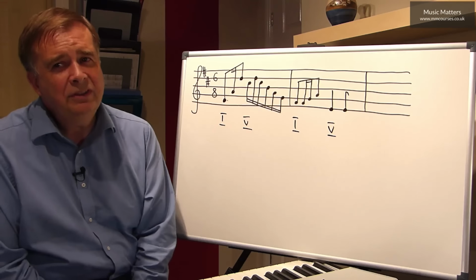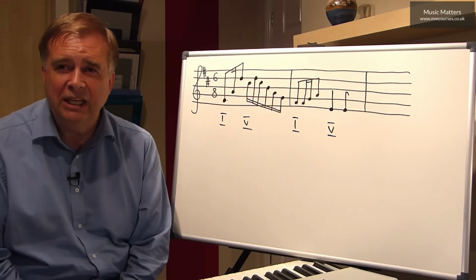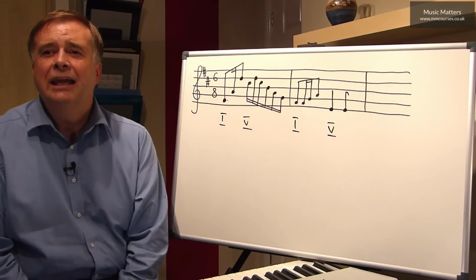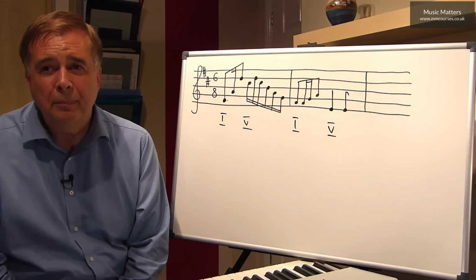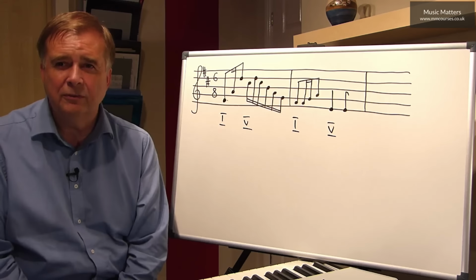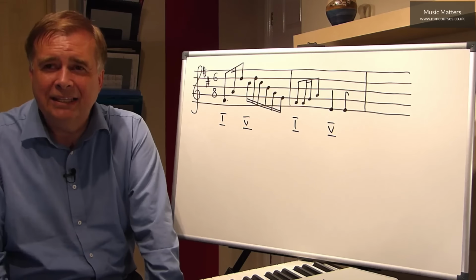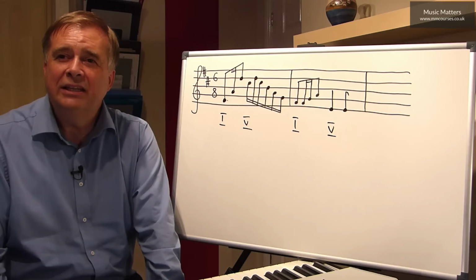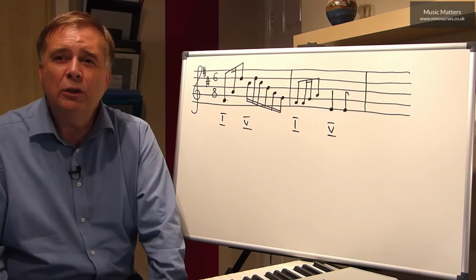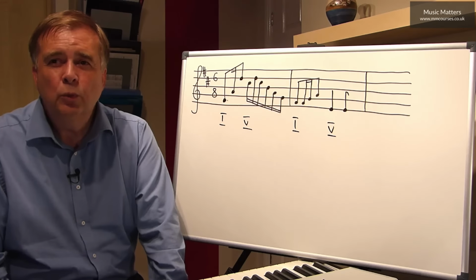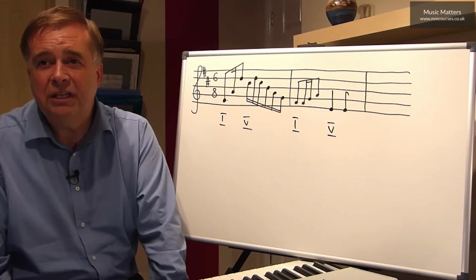You also, of course, have to think about the implications of writing for transposing instruments. And again, if you're unclear about that, back in grade 5 we said a little bit about transposing instruments. But if, for example, you're writing for the clarinet, and the clarinet is in the key of B flat, then of course the notes that are being sounded will be one tone lower than the written pitch.